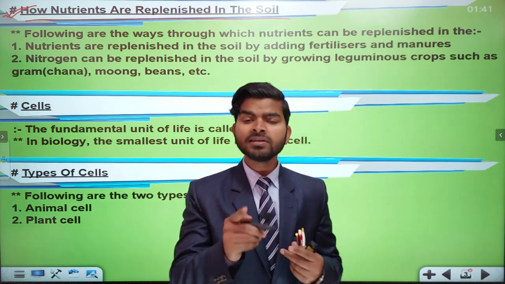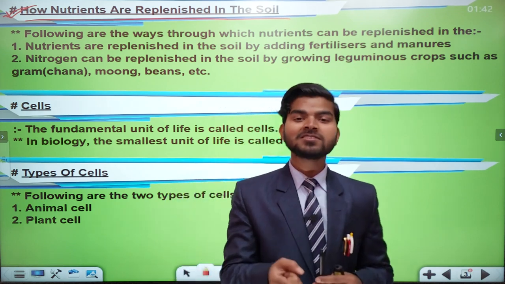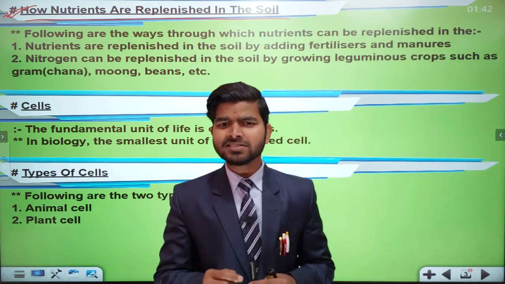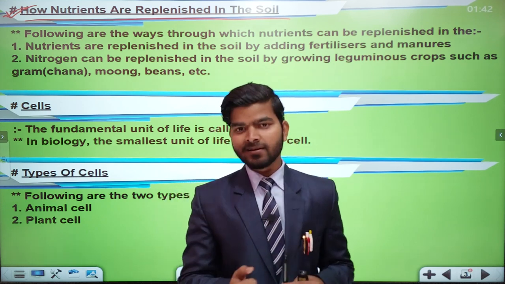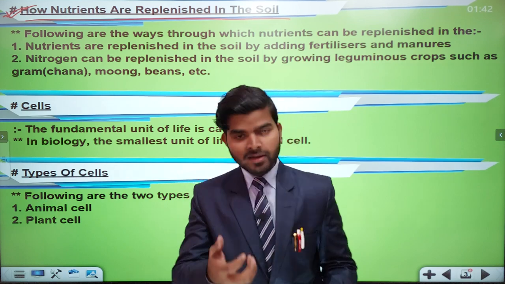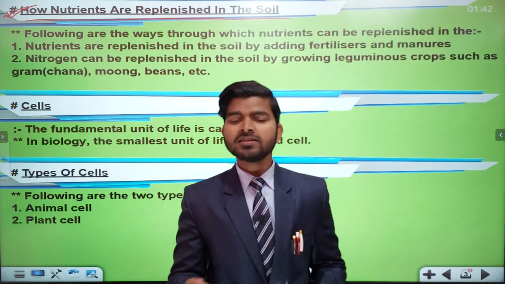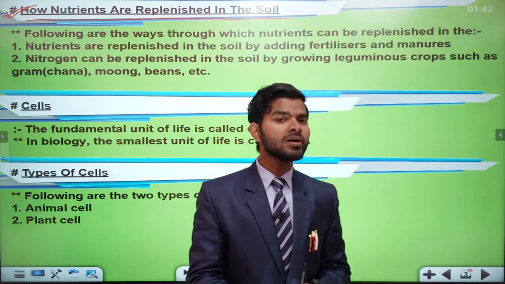The nutrients are fulfilled by the soil, because plants take nutrients from the soil. If nutrients are drawn again and again by the plants, then what will happen? There is a lack of nutrients in the soil, obviously.